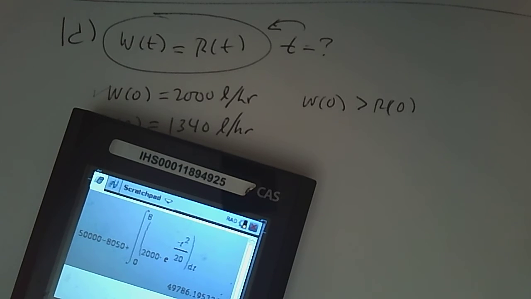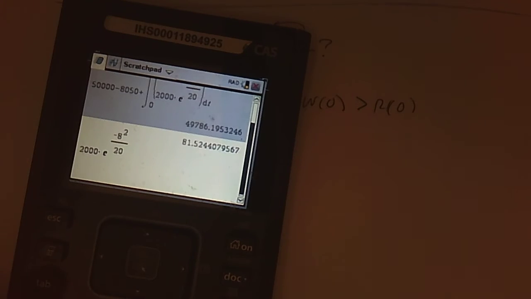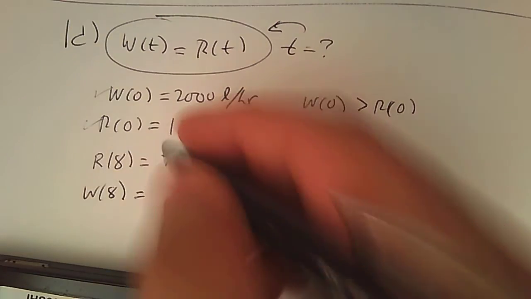That is 2,000 e to the negative 8 squared divided by 20. I get 81 point something.